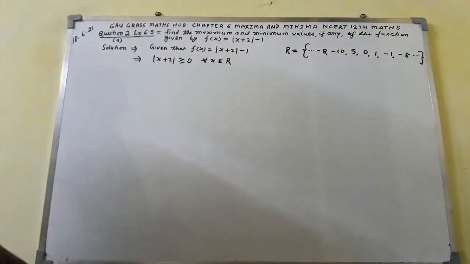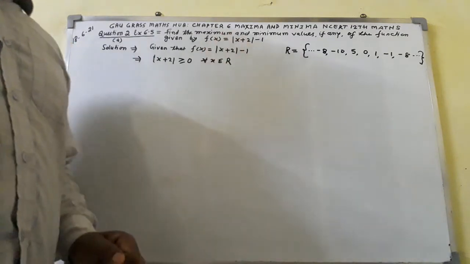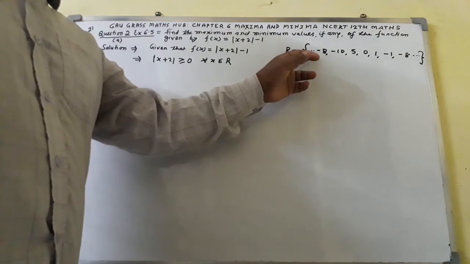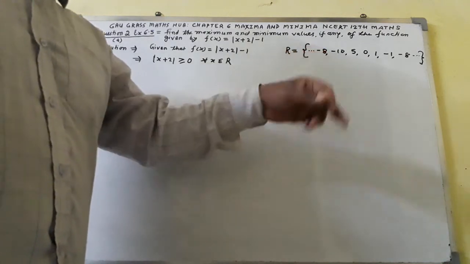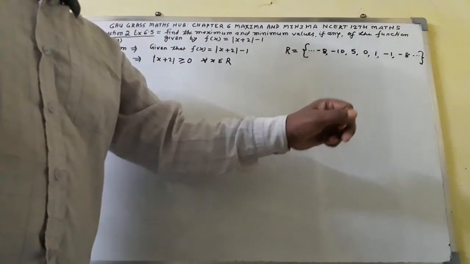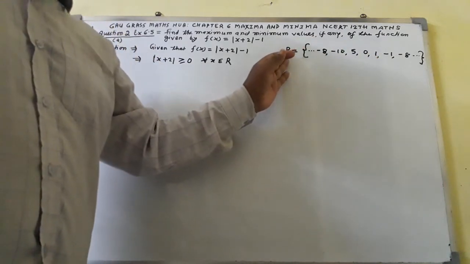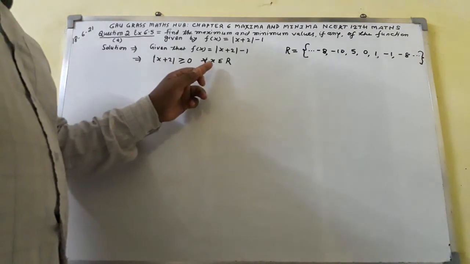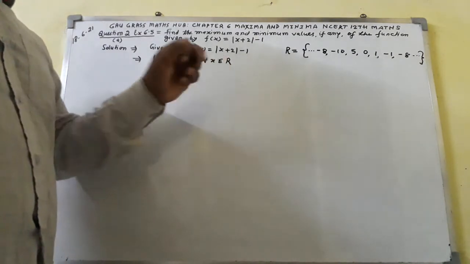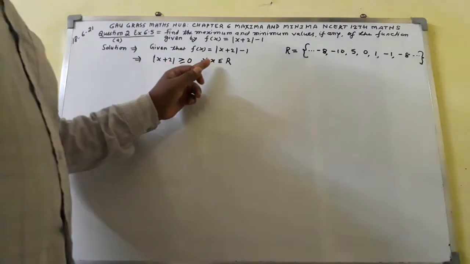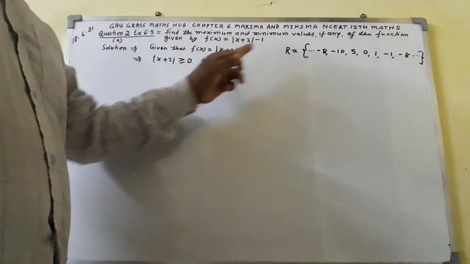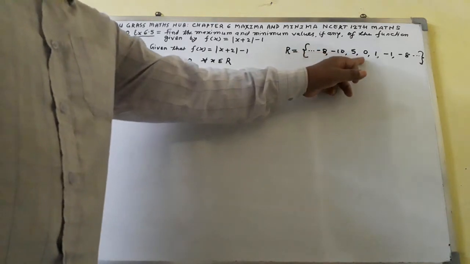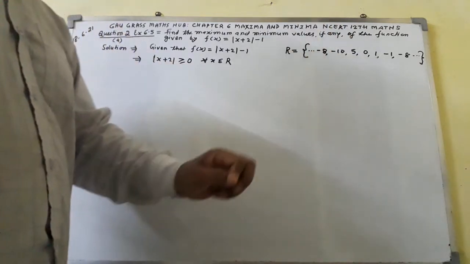The elements I have written in the set of real numbers, all numbers, whether negative integer, positive integer or 0, will be included in the set of real numbers. So for all x belonging to the set of real numbers, this means that I shall take the value of x from any one of these elements.